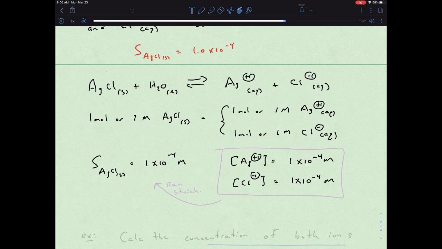And really that connection between those is just the reaction stoichiometry. Just looking at the reaction, it's all 1 to 1 to 1. And so that's how we can simply relate this new term, molar solubility, to the concentration of the resultant ions in solution.